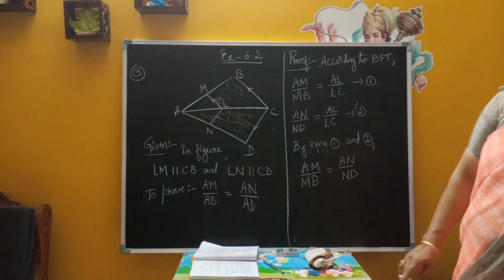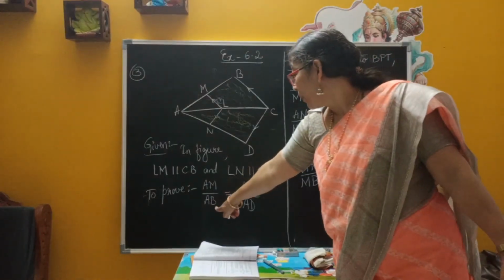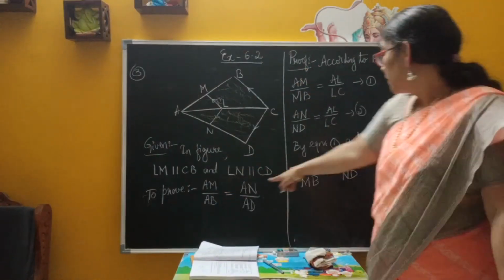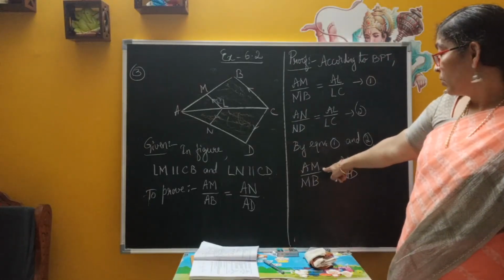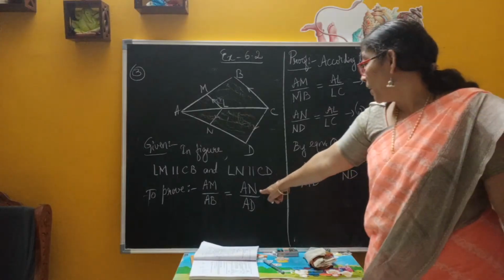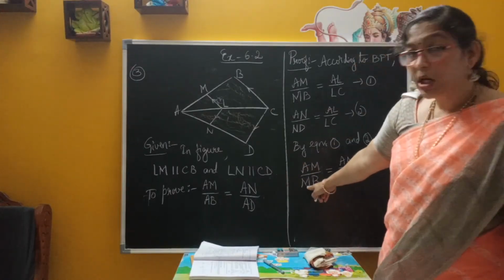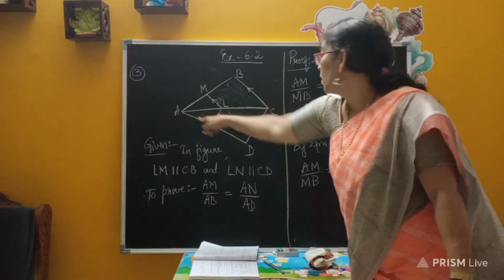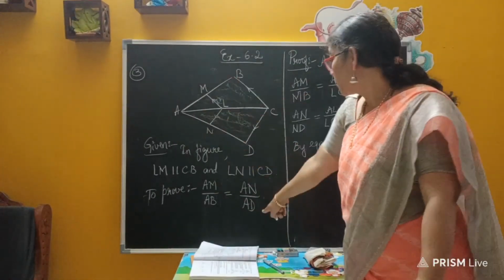Now, is the theorem statement proved? No, because we need AM by AB and here AN by AD. See the numerators, they are equal: here AM, there AM, and here AN, there also AN. But in the denominator part, we have to bring the whole AD, isn't it? AB and AD must be there.